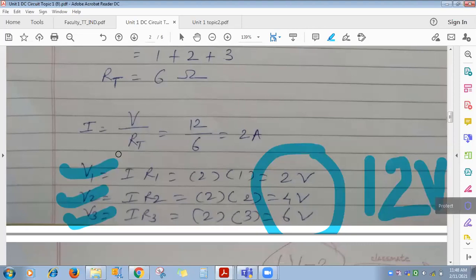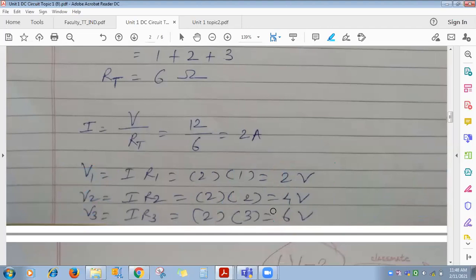The same current is flowing, so whether the voltage drop is more or less depends on the value of resistance. Here you can observe for 1 ohm, 2 volt; for 2 ohm, 4 volt; for 3 ohm, 6 volt. The more the resistance, the more the voltage drop across it.